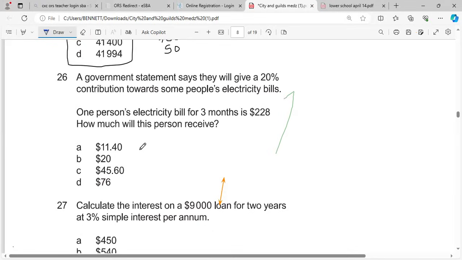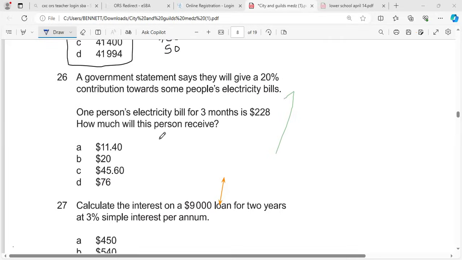All right, so it says a government statement says they will give a 20% contribution towards people's electricity bill. One person's electricity bill for 3 months is $228. How much will the person receive? They ask us to calculate the percentage of that 228, which is 20%.